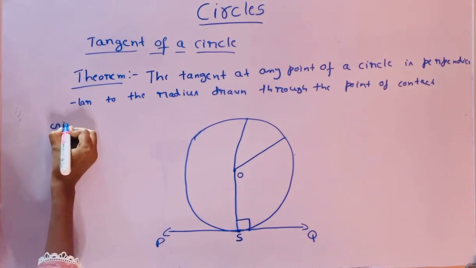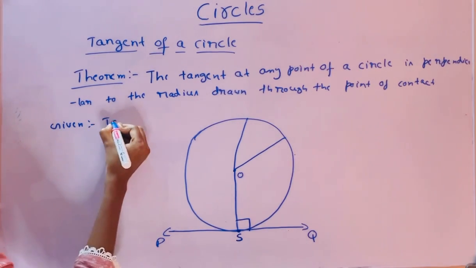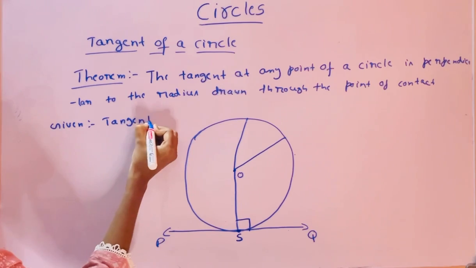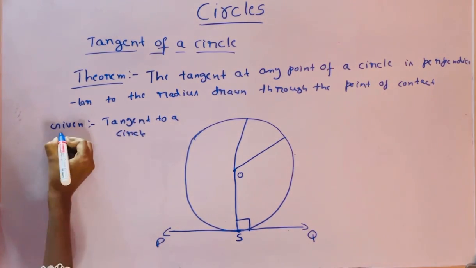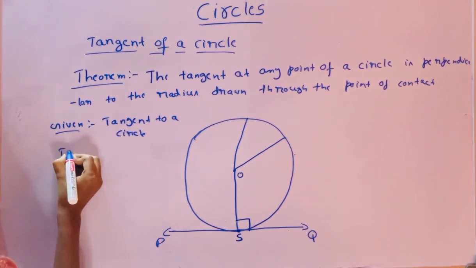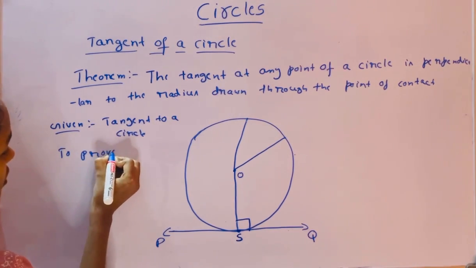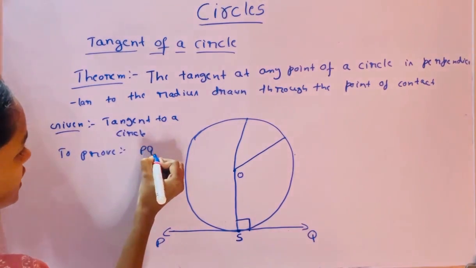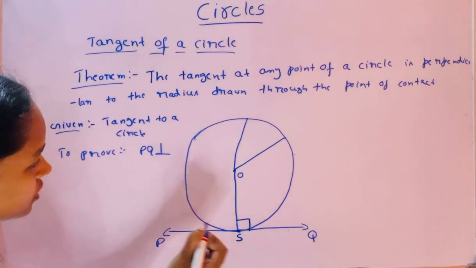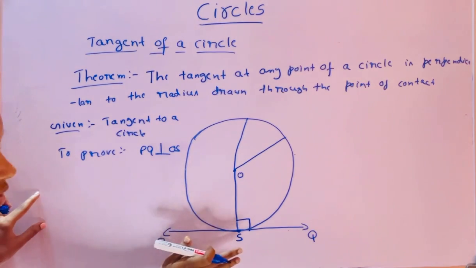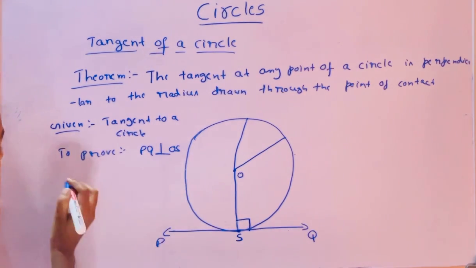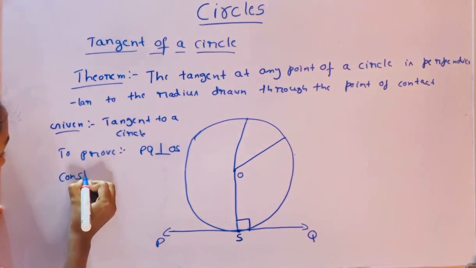So what is given? Tangent to a circle. What do we have to prove? PQ is perpendicular to OS. To prove this theorem, we make a construction.